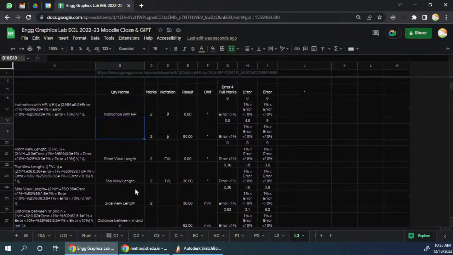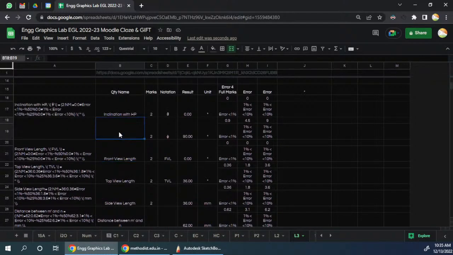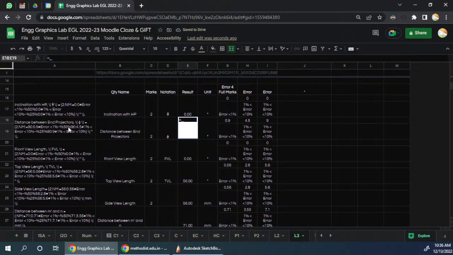The distance is okay, so this is just the end projectors, I guess. How much is this going to be?